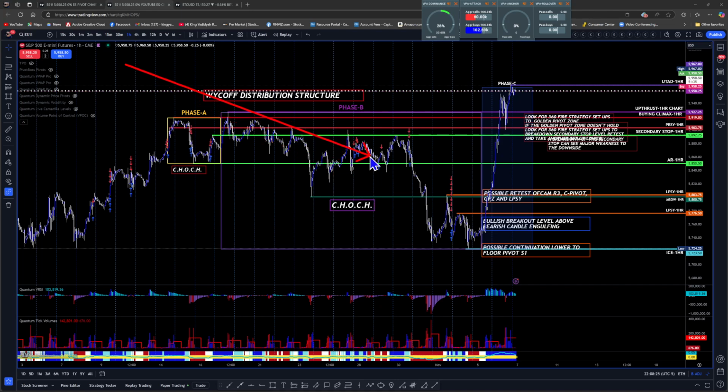But the distribution phase is actually playing out in a more uniform manner right now, because now we get this ice level, because I had the ice level down here, right, with the automatic reaction. I think I had the ice level at this level, or this level here, can't remember exactly. But now the ice level is the low of phase B, right? So as soon as we create that dip down there, which is a sign of weakness, right?